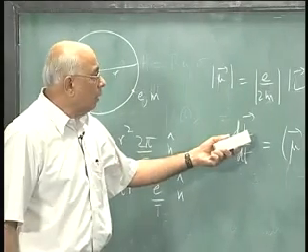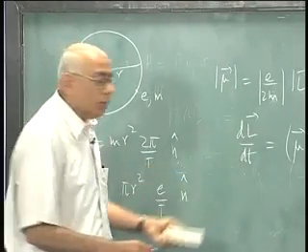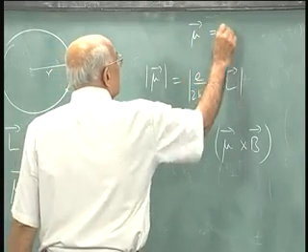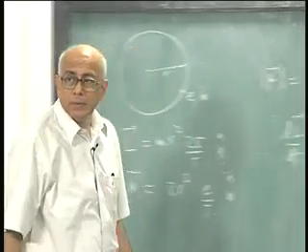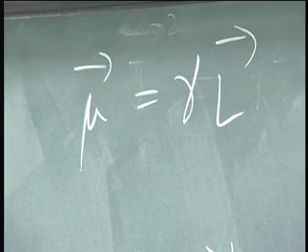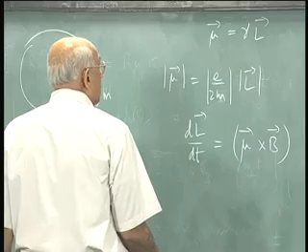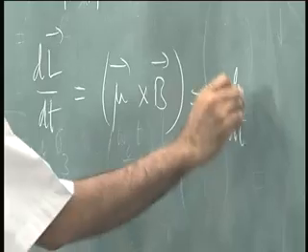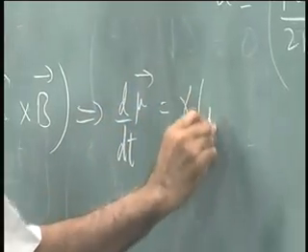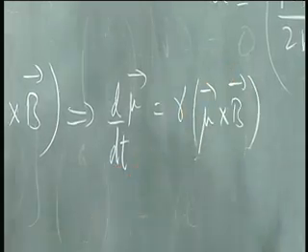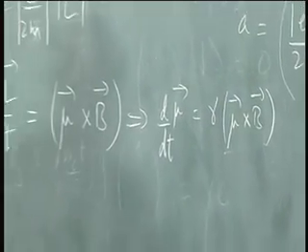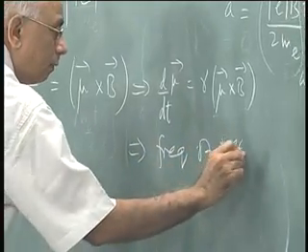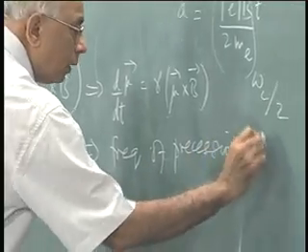What you have to do is to convert this L. So if you call this constant gamma or something like that, so you write mu equal to gamma L, then L is mu by gamma, so this would imply d over dt of mu equals gamma times mu cross B, which implies the frequency of precession is modulus gamma B.